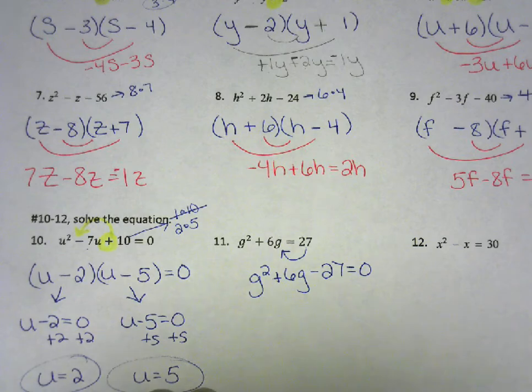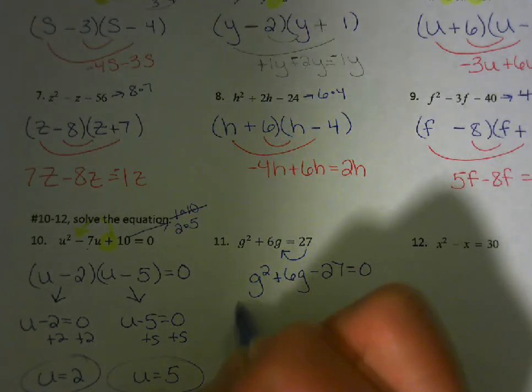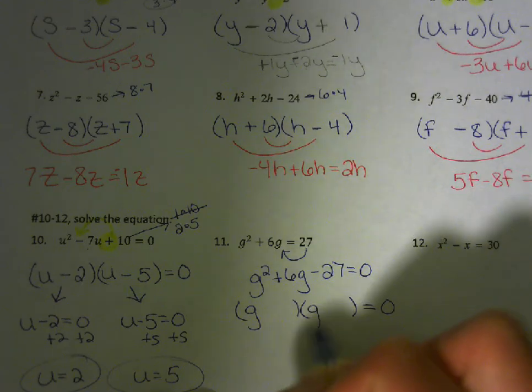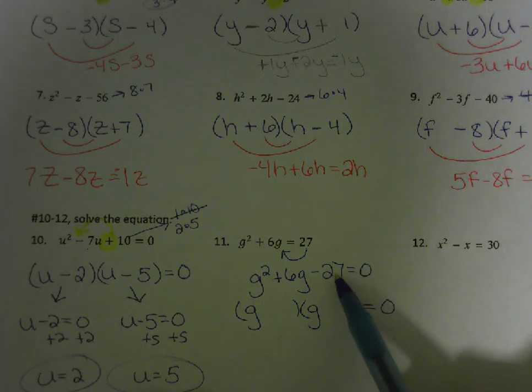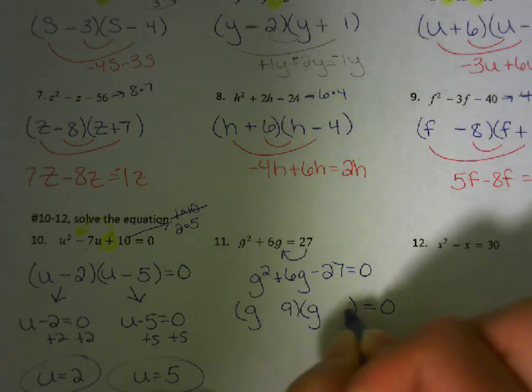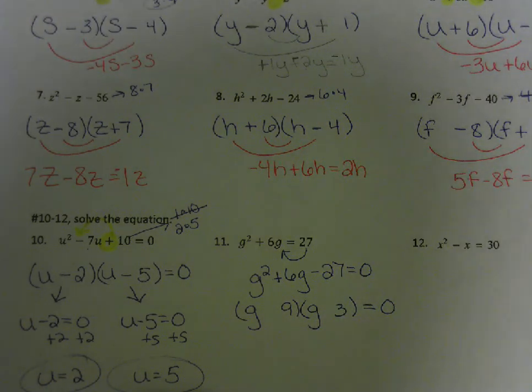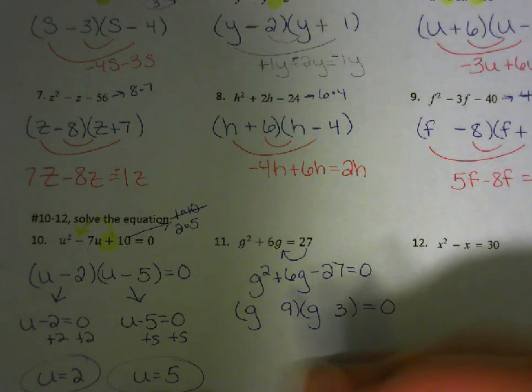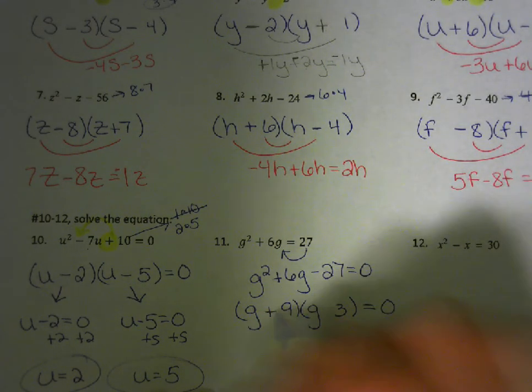So again, if you want to pause the video here and quick try them on your own, that would be great. All right, hopefully you paused it. I'm going to go ahead and factor this one for you. I get g times g, and then 27, I'm thinking that's 9 times 3. And notice my signs are going to alternate, which means the bigger number needs to get the plus and the smaller.